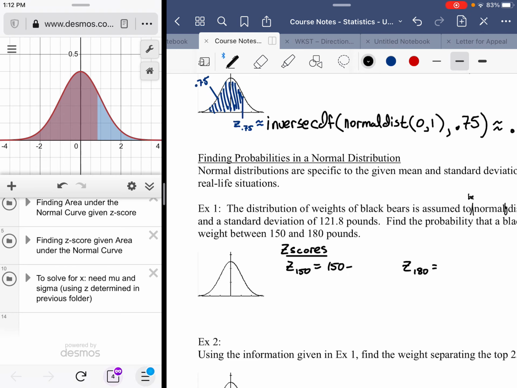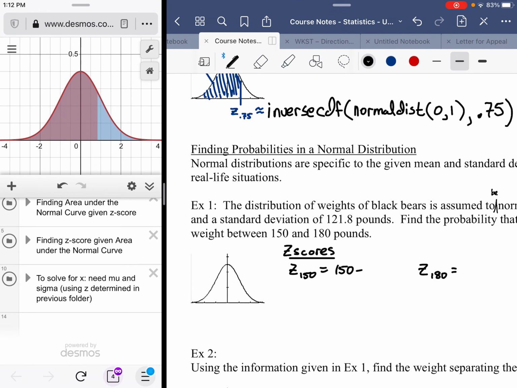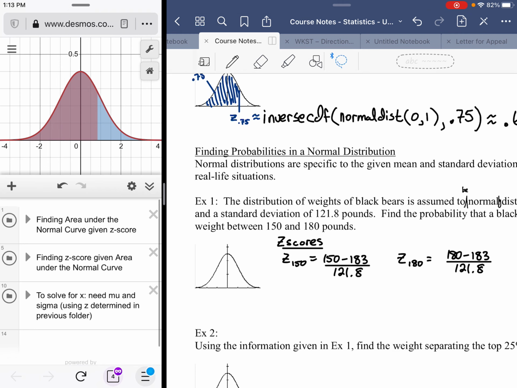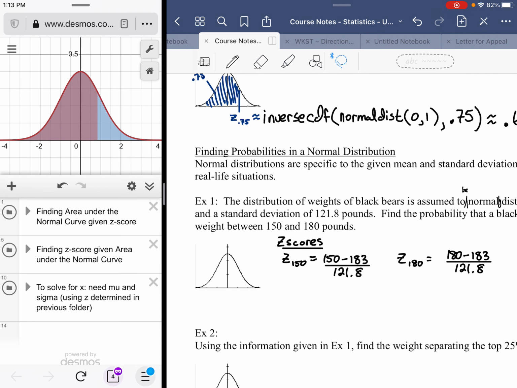So 150 minus the mean, 183, over the standard deviation of 121.8. And then we're going to do the same thing, but this time with the 180. Again, there's two ways to do this. I'm showing you the longer way first because sometimes the question asks you for a z-score also.